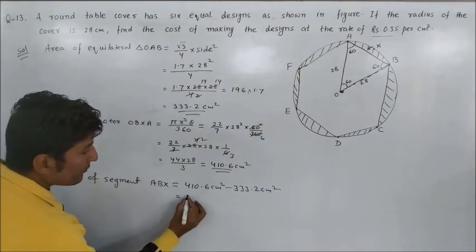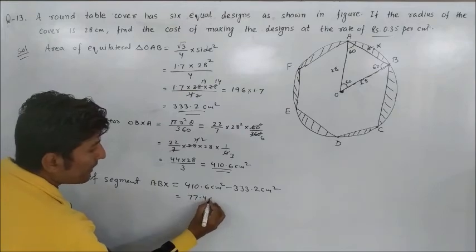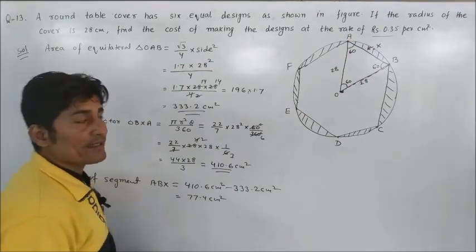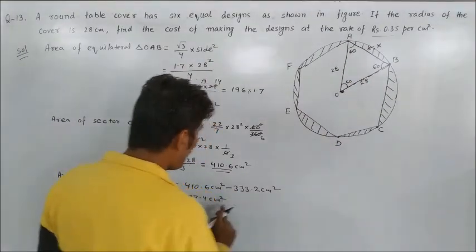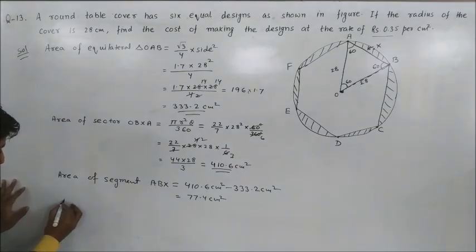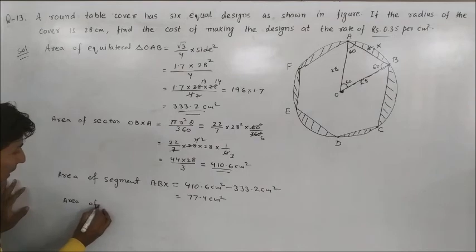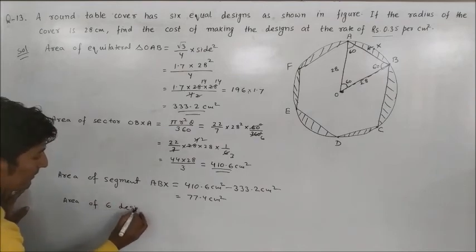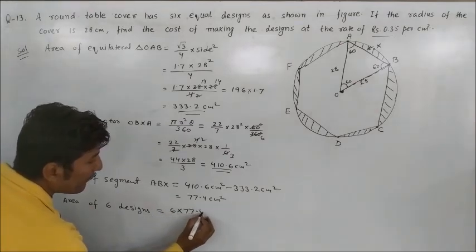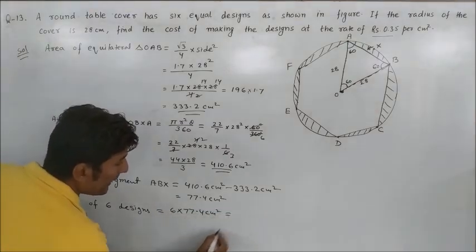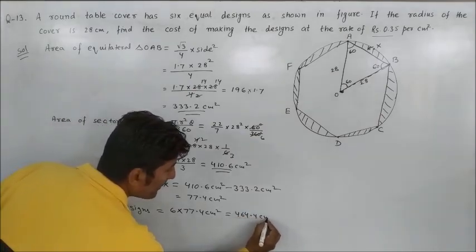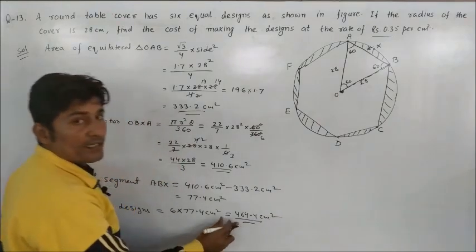After subtracting these two, we have 77.4 centimeter square. This is the area of one design. Since we have 6 designs, we have to multiply this area by 6. So area of 6 designs will be equal to 6 multiplied by 77.4 centimeter square, and that will be equal to 464.4 centimeter square. So this is the total area.